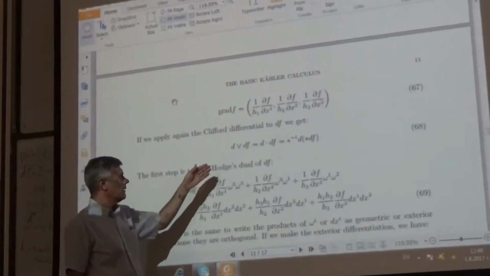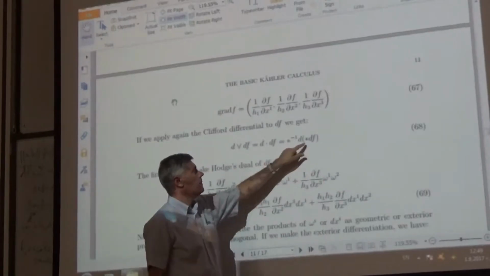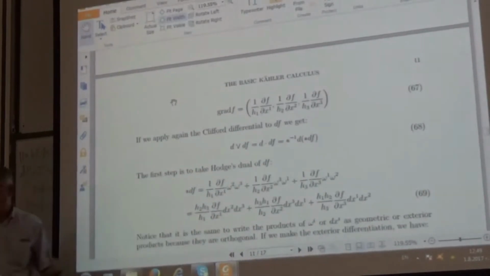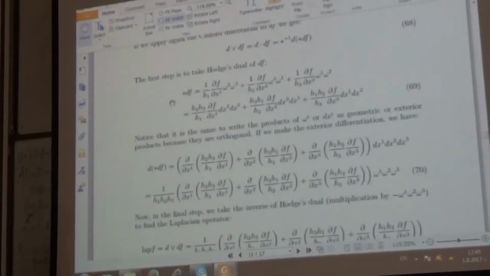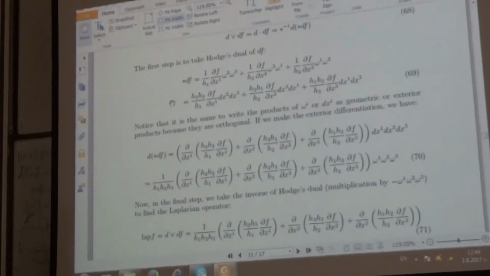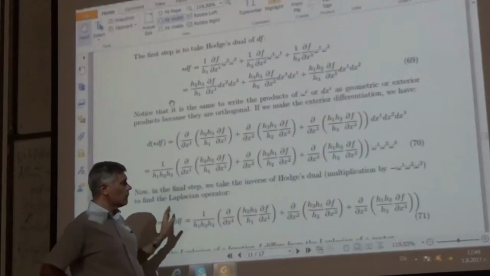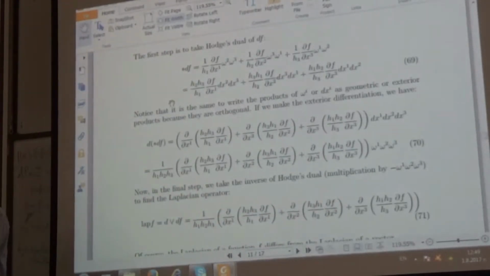So we make these operations, the dual and inverse of the Hodge dual, and finally we get the Laplacian, which is just the analysis. So Clifford calculus gives us the necessary differential operators, but for all kinds of coordinates.